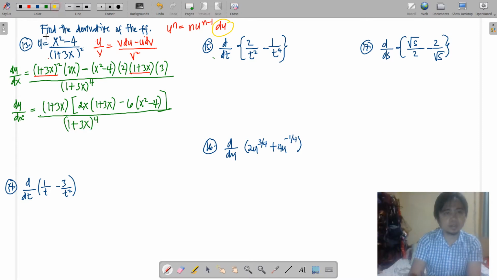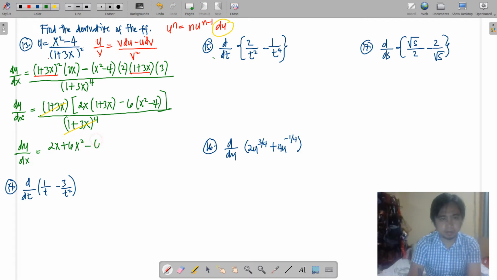Notice that one 1 plus 3x there will cancel. All we need is to simplify the equation, dy over dx. In the numerator, distribute the 2x: 2x plus 6x squared minus 6x squared plus 24, divided by 1 plus 3x. One 1 plus 3x was cancelled, so it is now raised to 3.